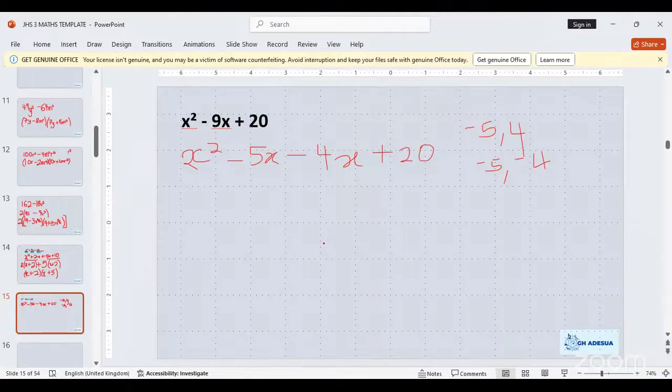So we'll use the negative 5 and negative 4 to split the middle number. So we can now factorize in pairs. We'll do this first, and then we'll do the other one.